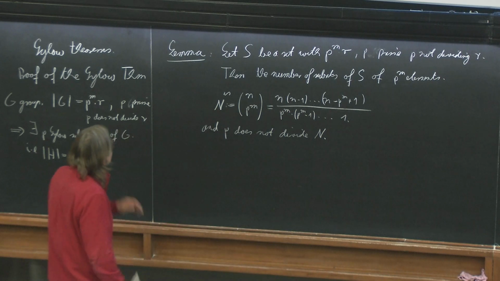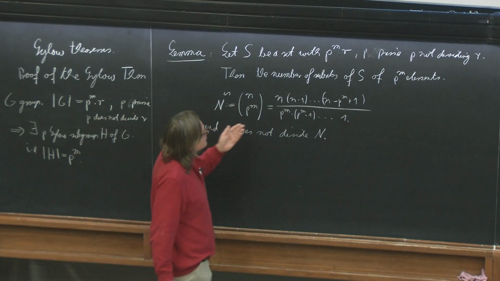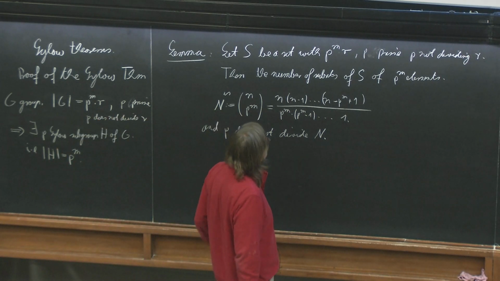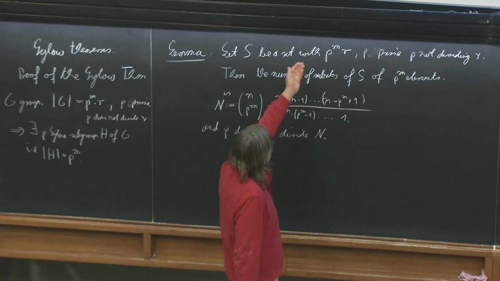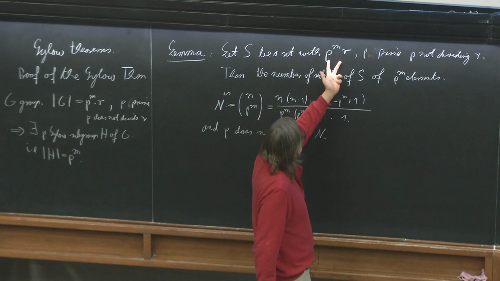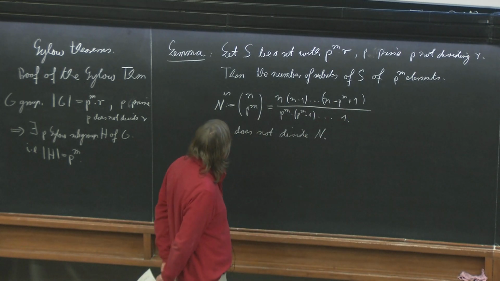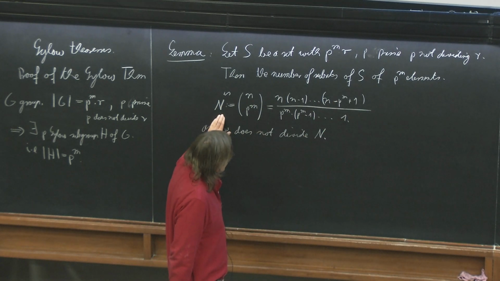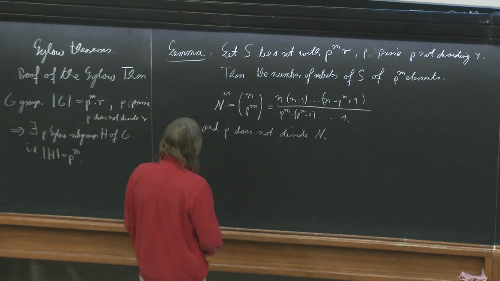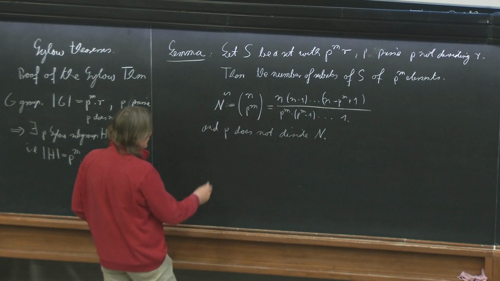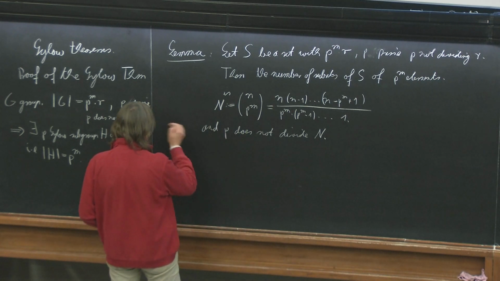Okay, so the first statement, that the number of subsets of a set with n elements with p^m elements is this number, is standard. That's basically the definition of the binomial coefficient. So therefore, that we know. So we only want to show that p does not divide this number.